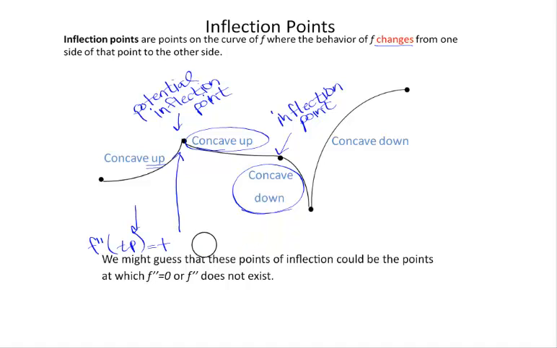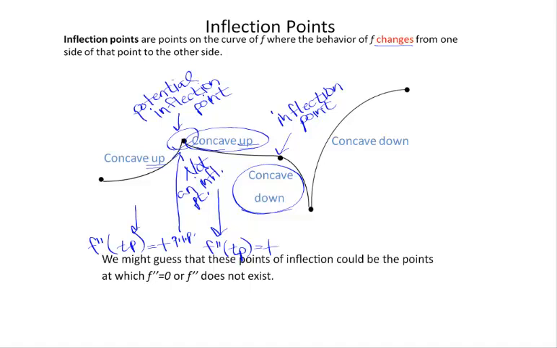Then I'm going to come over here on the other side of my potential inflection point and get another test point value to put in my second derivative, and clearly it's going to show that it's still positive. This is not an actual inflection point.